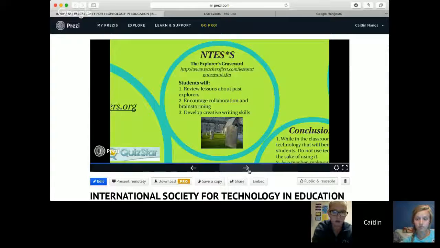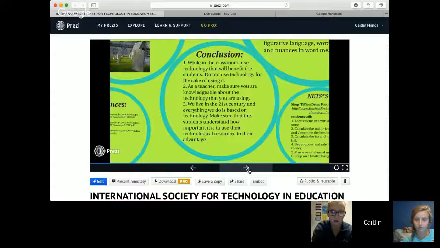So in conclusion, while in the classroom, you want to be able to use technology that's going to benefit the students, not just incorporating technology for the sake of using it. And also, as a teacher, you have to make sure that you're knowledgeable about the different technologies that you are using, because if you're using something that's new to you, you want to make sure that you are well aware of how it works and what you can do with it before you're showing it to your students.